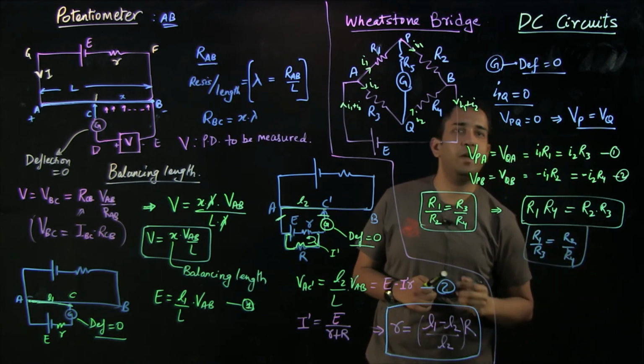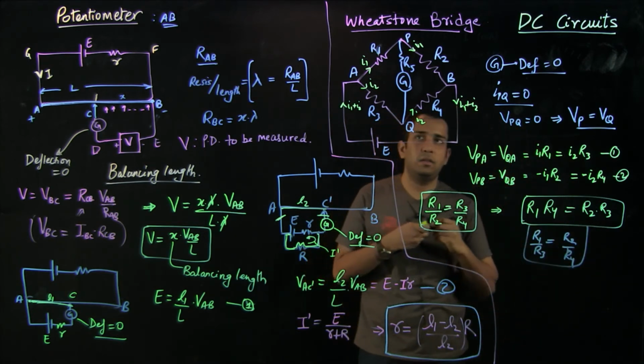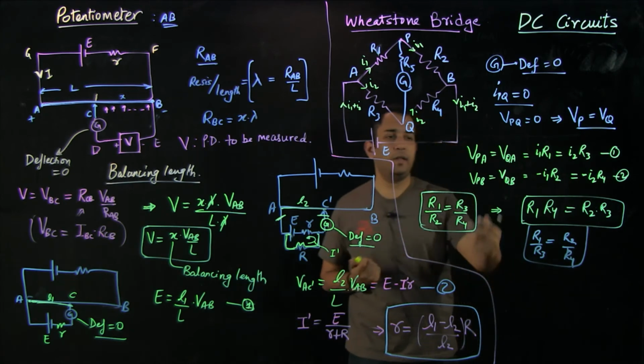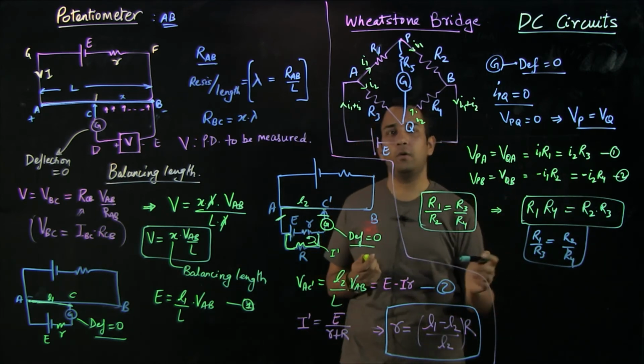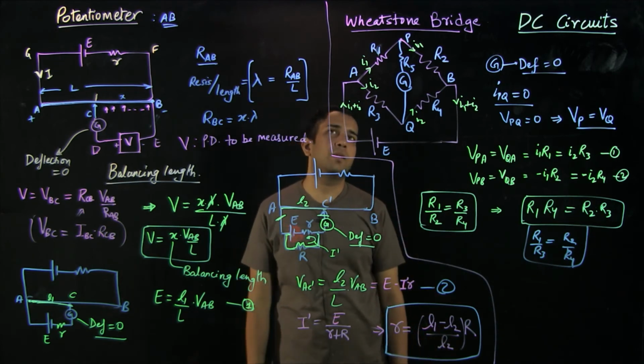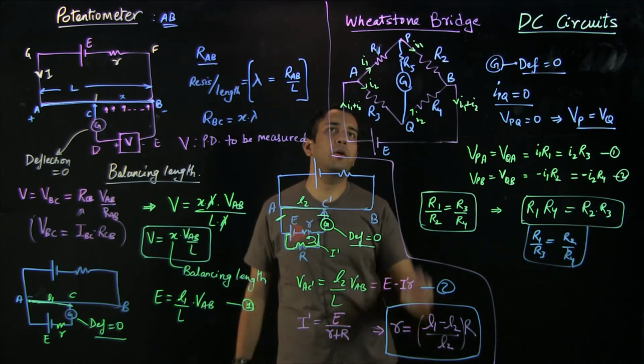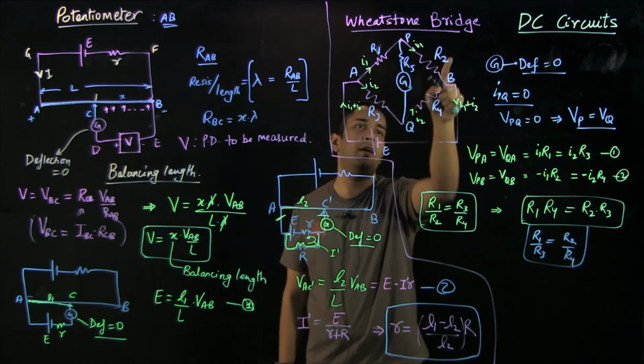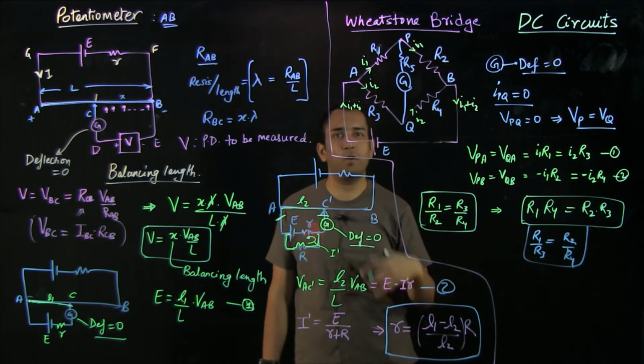I would recommend that you remember this either by this method or this method, because both are true. Otherwise, it does not matter how you are numbering it, because I could have numbered it differently, and the result and everything would remain the same.